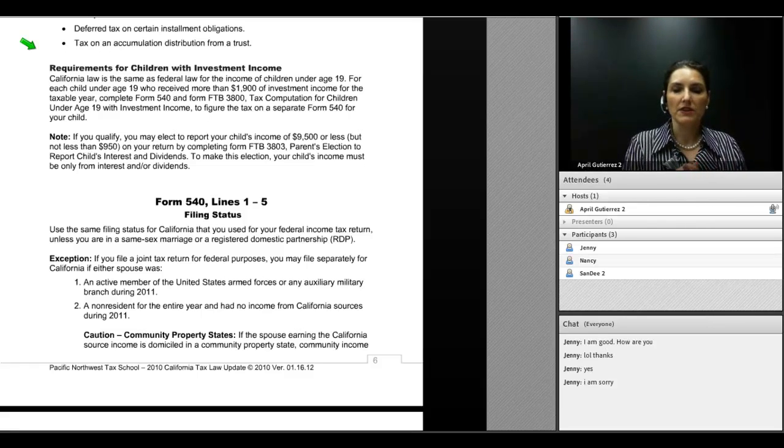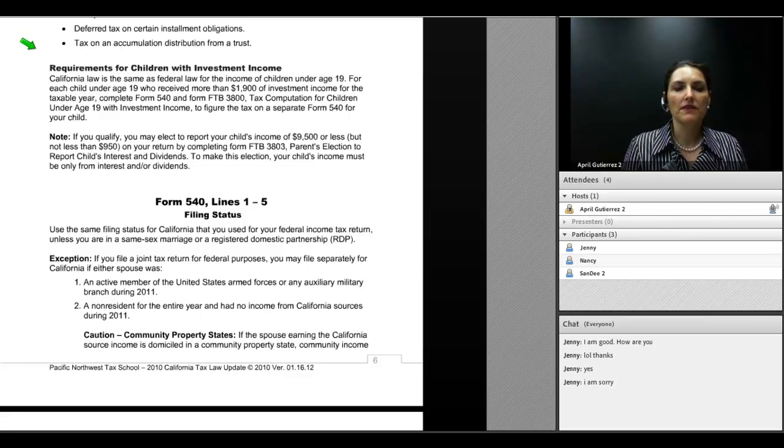So California specifically states that you can elect to report your child's income on the California return, and you can also elect to report it on the federal return if you meet the conditions for reporting it. But you can also report it on the federal and not report it on California, or you could not report it on the federal and then yes, report it on California.